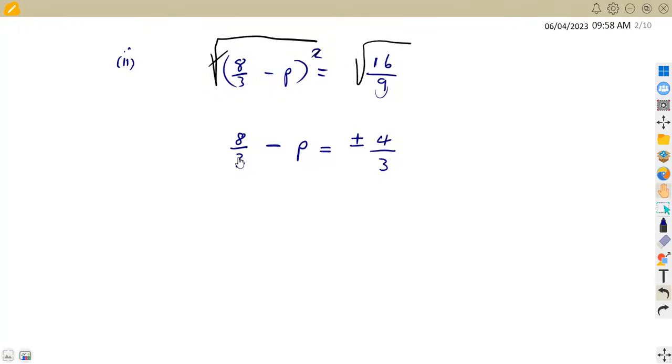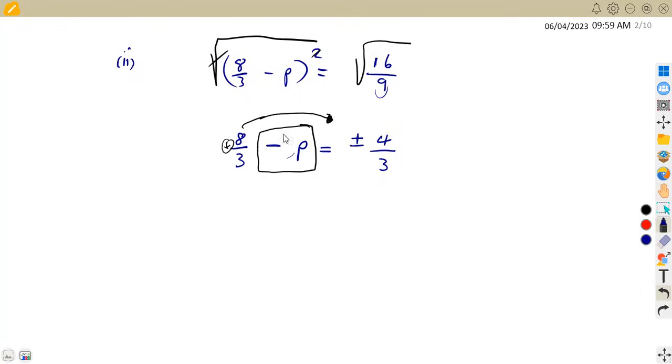All right. So remember, here we are supposed to solve for p. So how can we solve for p? Depending on how you're going to simplify it. If you want to avoid the confusion of this p, you can just leave this p on this side as it is. It's a negative p. Then you transpose the 8 over 3 to the other side of the equation. Since here it's a positive, on the other side it is going to be a negative.